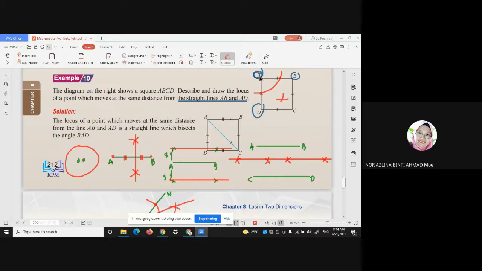Then you draw the line from point A because this is the intersection point. So this is the locus.